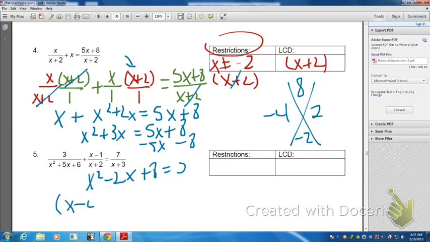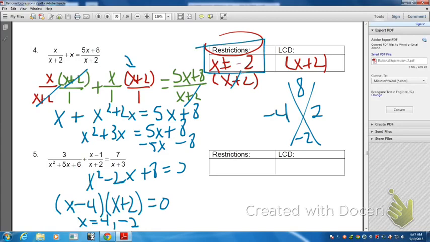So x minus 4 times the x plus 2 equals 0. Therefore, x minus 4, x would be positive 4, and x plus 2, that would go to 0 when x is negative 2. Now, let's go back up here to our restrictions. We see that x cannot be that negative 2, so that negative 2 will get thrown out. Remember, we call those extraneous solutions, therefore giving us an answer of 4.